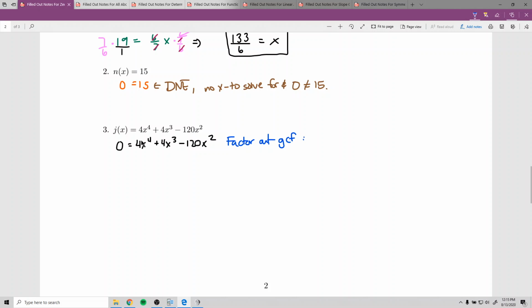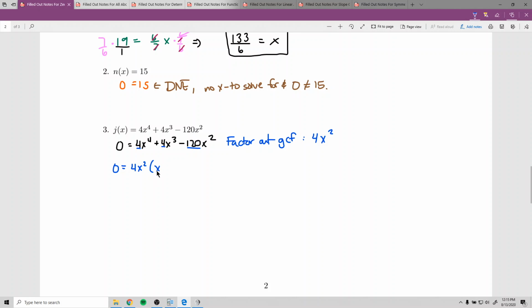For the greatest common factor, don't miss that we have a 4 in common for 4, 4, and 120. And we can also take out an x squared. If you miss the 4, you'll make the problem harder than it has to be. If we take 4x squared out of 4x to the fourth, we get x squared.